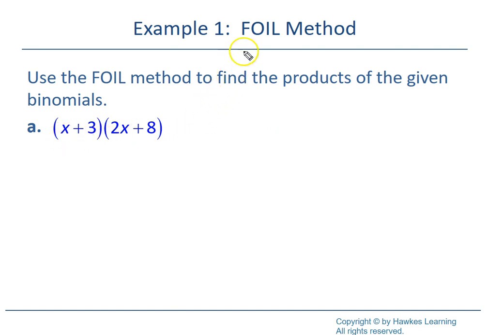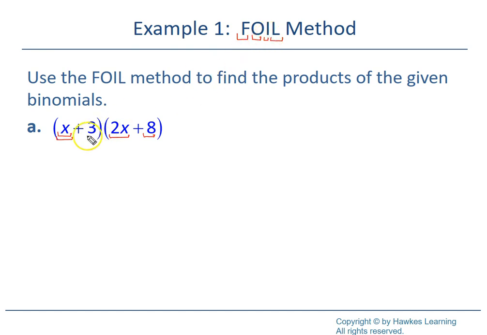So FOIL, what does that mean? Well, the first, the outers, the inners, the last. As we look at a binomial, the first are the x and the 2x. Now the outers would be this x again and this 8.